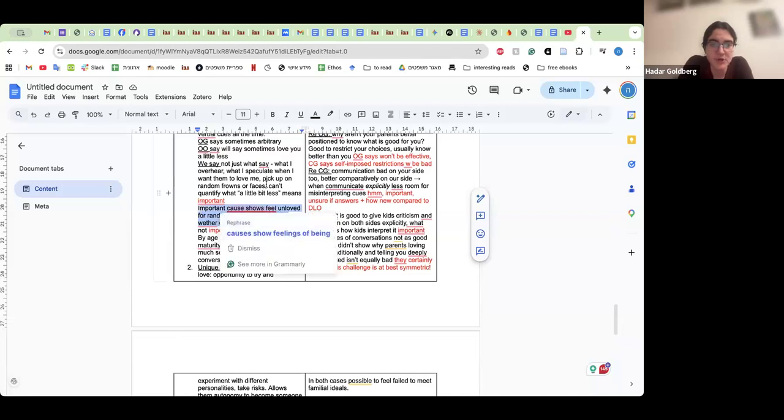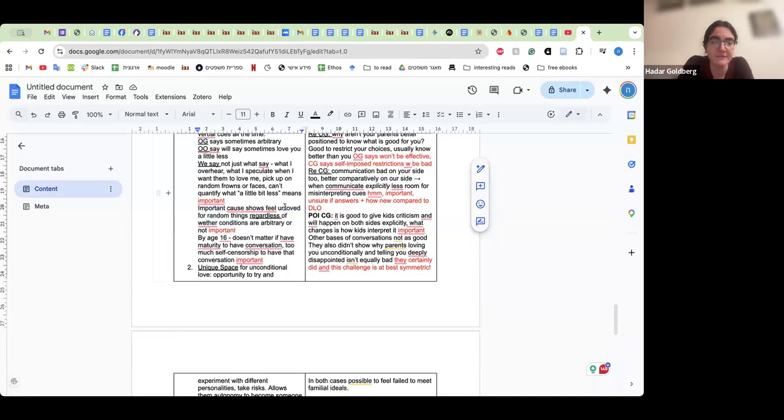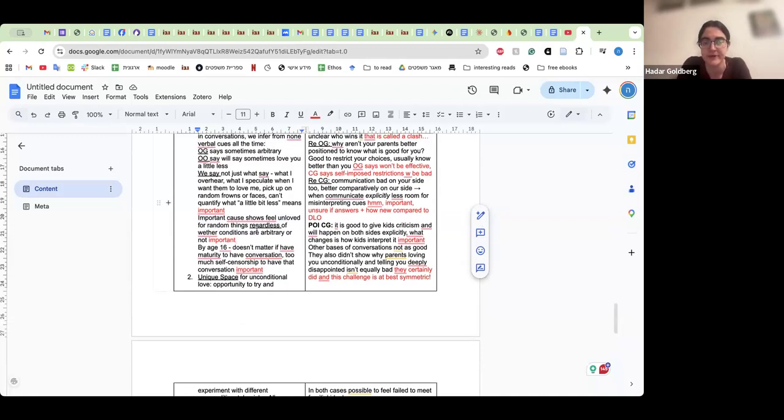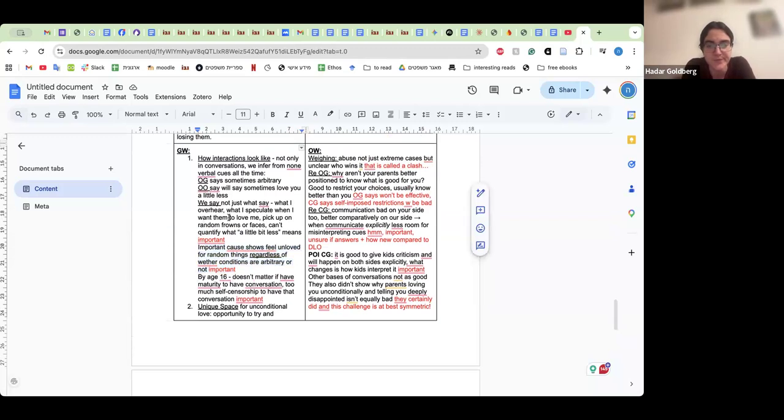It is important because it shows that kids feel unloved for random things, regardless of whether or not conditions themselves are arbitrary. Because even if the parents set good conditions, the kids will interpret arbitrary things that are not the real conditions as conditions for love. That's the framing in GovWhip in the first clash. So they become non-contingent at all on the OG framing of whether these conditions are arbitrary or not.